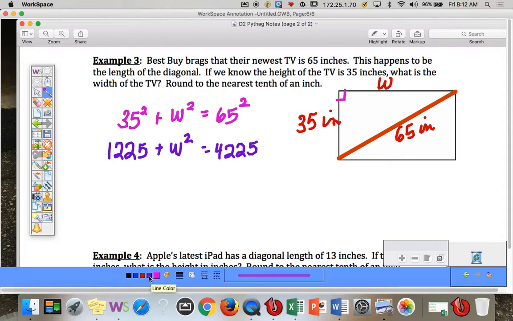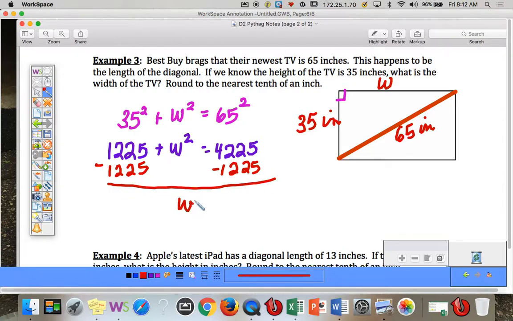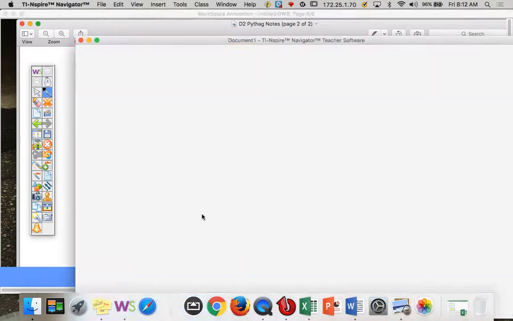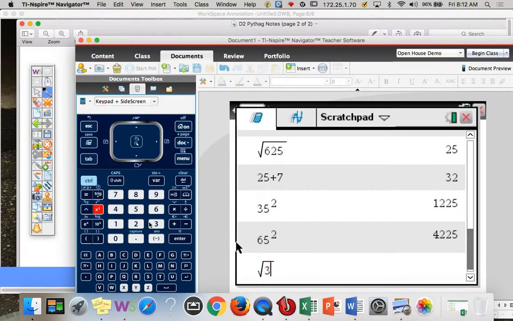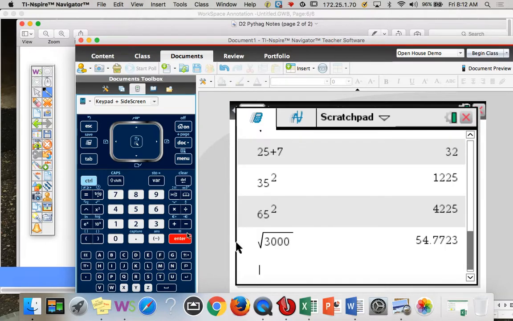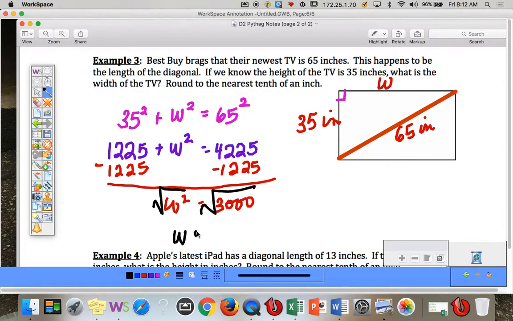Let's get rid of the 1,225 from each side. All right, we got W squared equals 3,000. Take the square root of each side to get rid of the squared. And we'll get our answer. So the width of the TV is about 54.8 if I round. 54.8 inches.